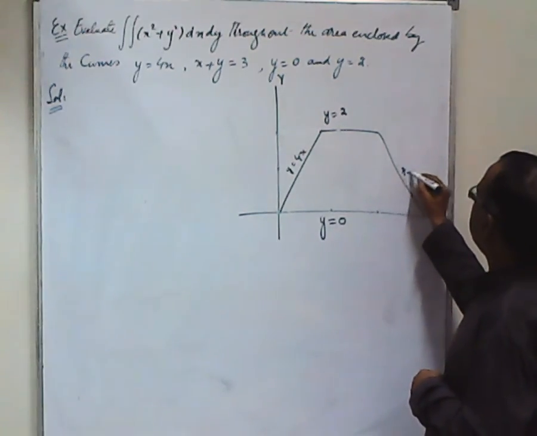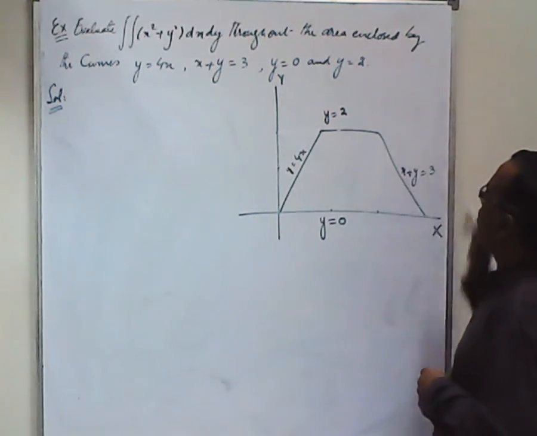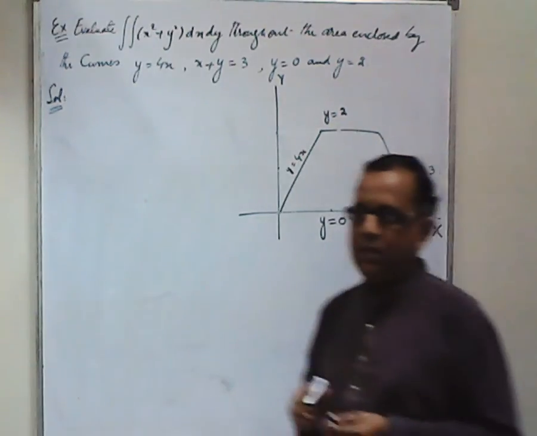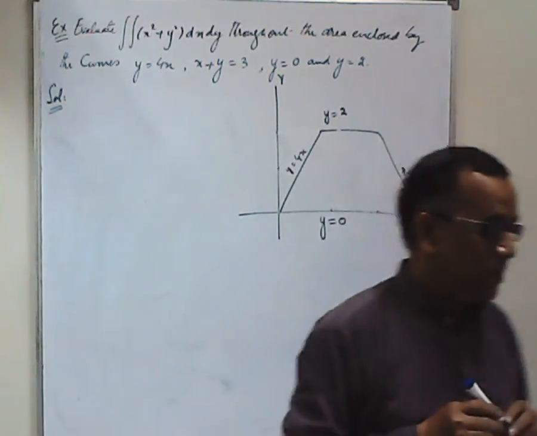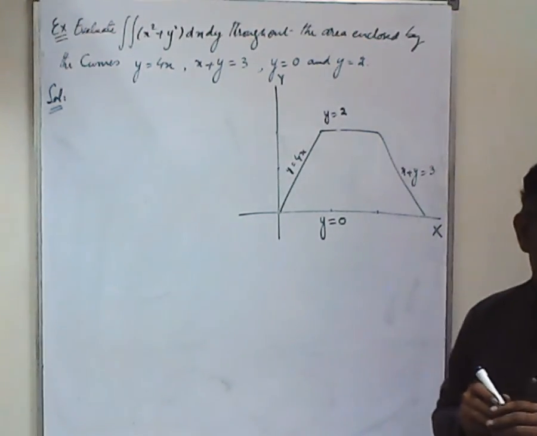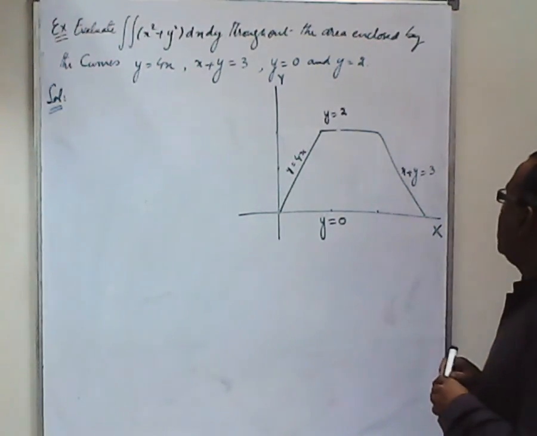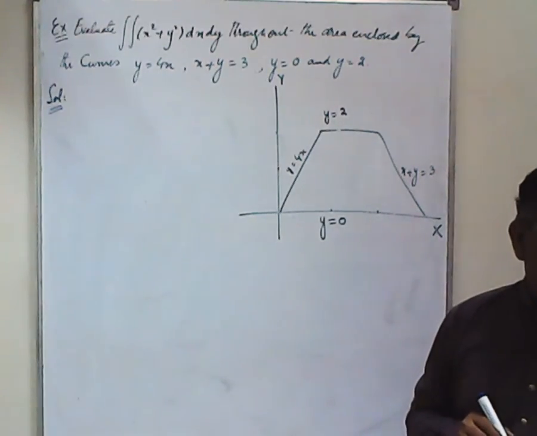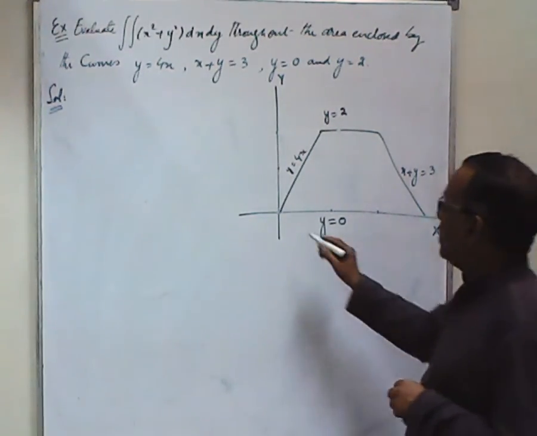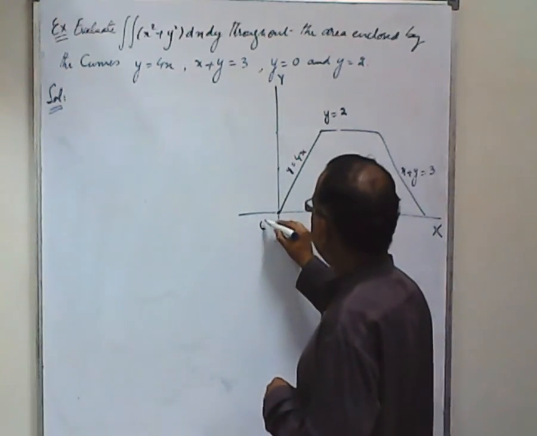So this is the line x plus y equal to 3. I draw all these 4 curves. So now looking at that, what will be the 4 points?